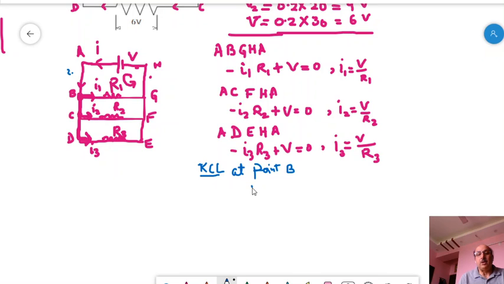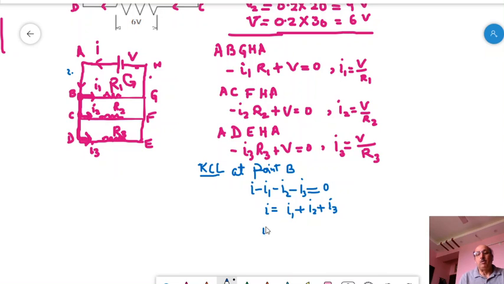The incoming current is I, and leaving current is minus I1 minus I2 minus I3, as they are leaving from point B, and the algebraic sum is equal to 0. So we can write I is equal to I1 plus I2 plus I3, right?